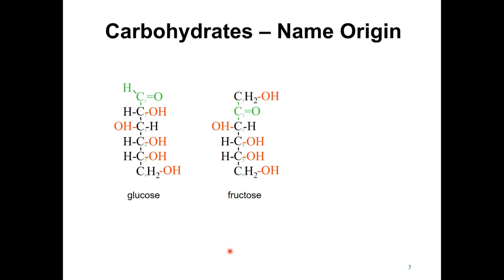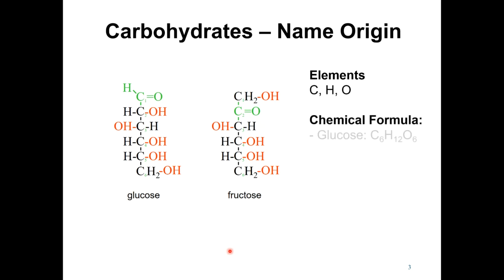Once you unpause the video, you'll see that both of them are made of the exact same type of elements: carbon, hydrogen, and oxygen. If you count them in glucose, for example, you see that you have 6 carbons, 12 hydrogens, and 6 oxygens.